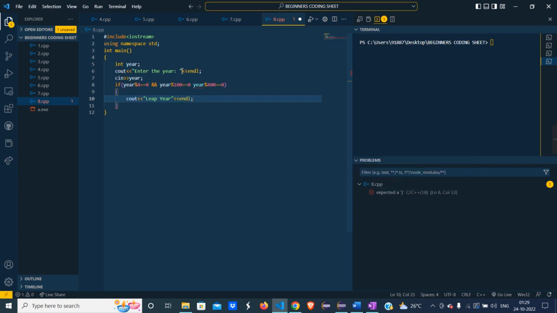In the first condition we have given, if it is divisible by 4, 100 and 400, all three, then it is a leap year. And in the second condition, we will be looking at whether the year is divisible by 4 but not divisible by 100.